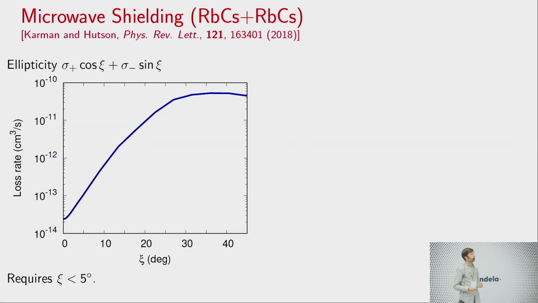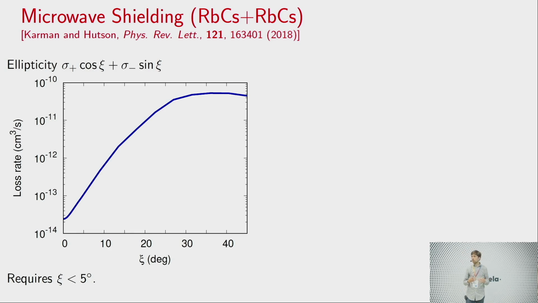So we also studied that quantitatively by studying shielding in an elliptically polarized microwave field characterized by this ellipticity angle psi. So zero angle is circular polarization. And you see if you have some ellipticity, then the loss rates really go up quite quickly. So you can shield, but it's best to do this with only a few degrees of ellipticity, which is challenging but can be realized experimentally.